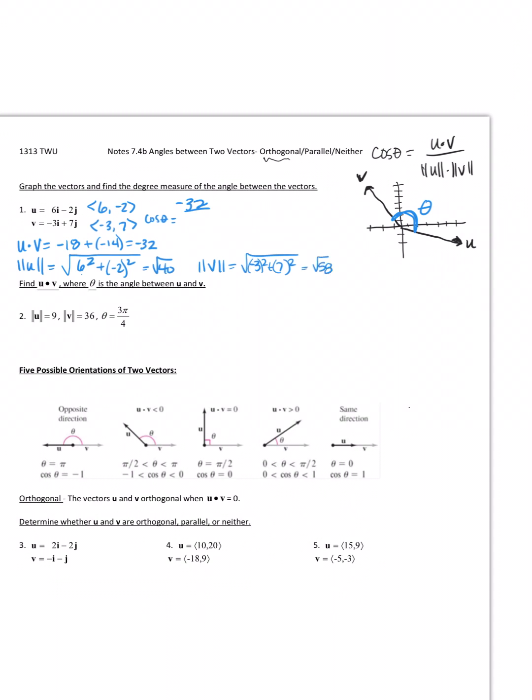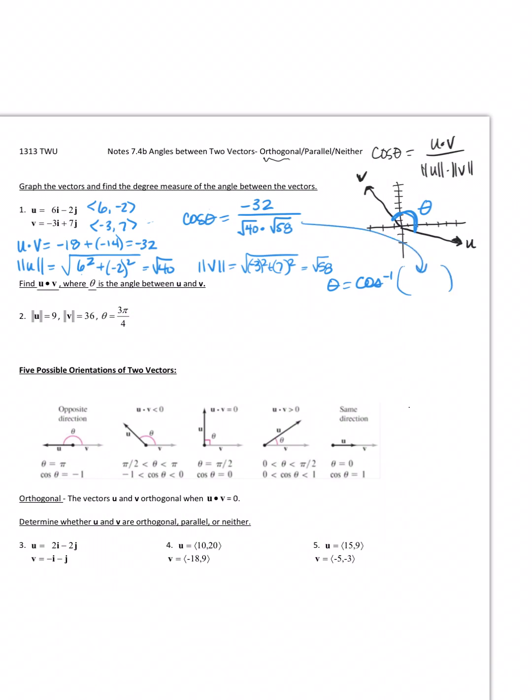Okay, so what I'm putting in my calculator is this. I'm going to have the cosine of theta is -32 over the product of the square root of 40 times the square root of 58. And so what I'm going to have to do in my calculator is the inverse cosine of that, right? Theta is going to equal the inverse cosine of this whole fraction right here, okay?